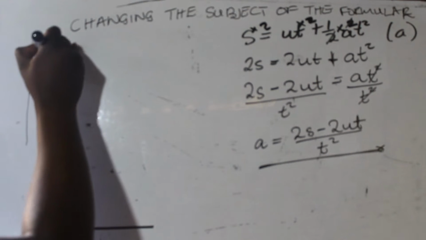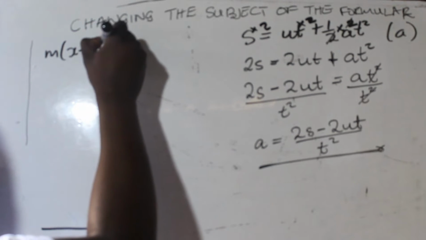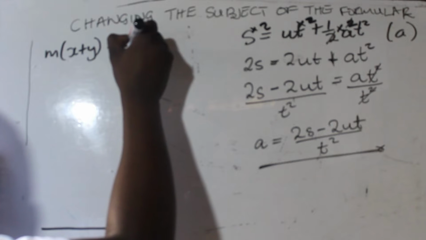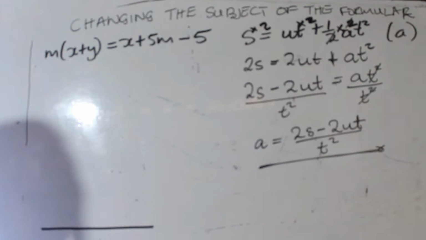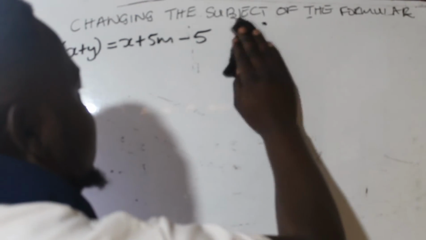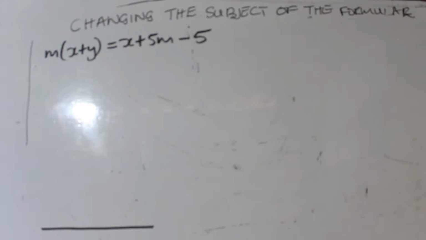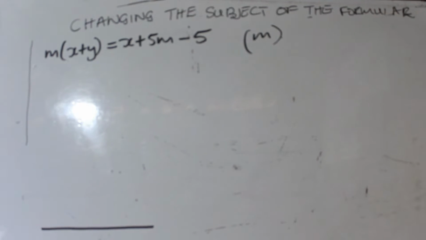Then another question: we have m bracket x plus y is equals to x plus 5m minus 5. Then we want to make m the subject of the formula.